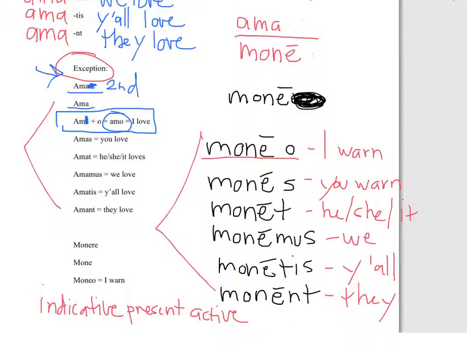The pattern is the same with the slight exception for first conjugation verbs, all first conjugation verbs in the first person singular have the weird exception where they drop the A. It shouldn't really drop the A, but when people speak, they tend to do the same kind of lazy alterations to the language, and dropping the A when two vowels are together is a pretty universal and predictable occurrence.